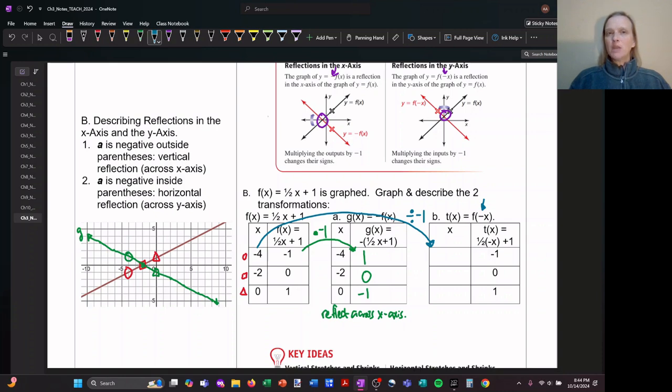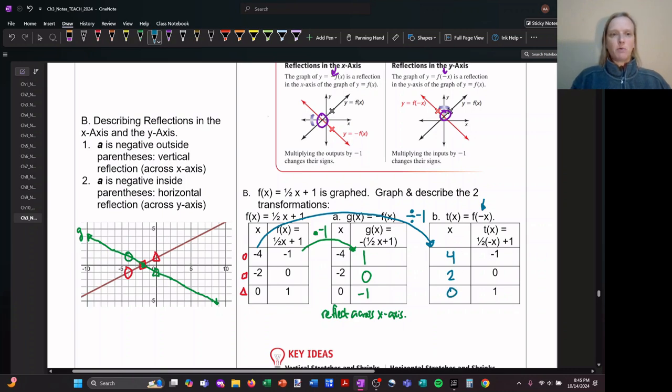In this example, there is no mathematical difference between multiplying by -1 or dividing by -1, but mathematically, you should do division. So -4 divided by -1 is +4. -2 divided by -1 is +2. And 0 divided by -1 is still 0.